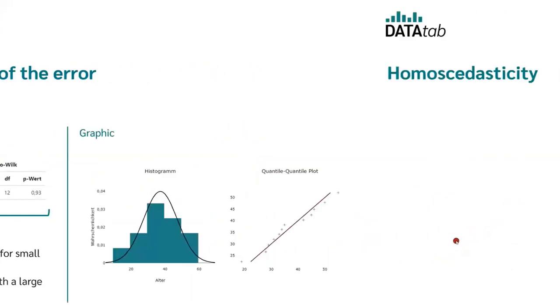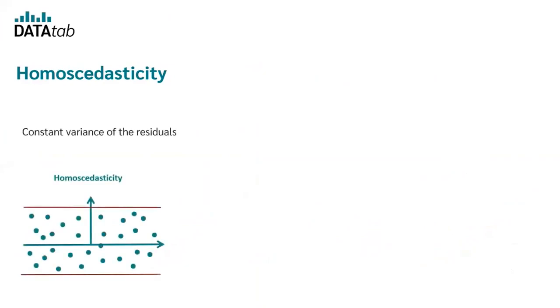And now we come to the heteroscedasticity. Another assumption for the linear regression is that the residuals have a constant variance. Since your regression model never exactly predicts your dependent variable in practice, you always have a certain error. Now you can plot your dependent variable on the x-axis and the error on the y-axis.